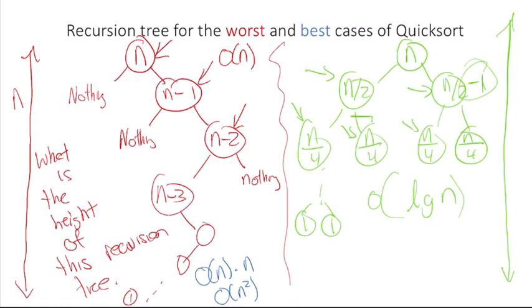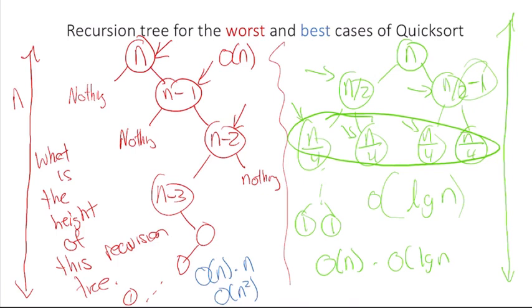But if you look across the entire level, we still have just n elements. So we're calling partition on effectively all n elements. So we're going to do big O of n work times the height of the tree, and that's where we get n log n total work for the best case of quicksort.